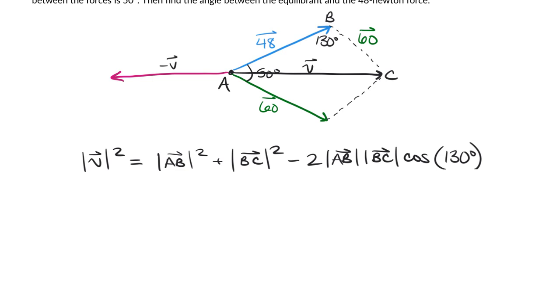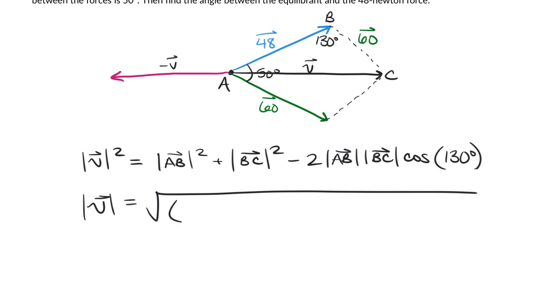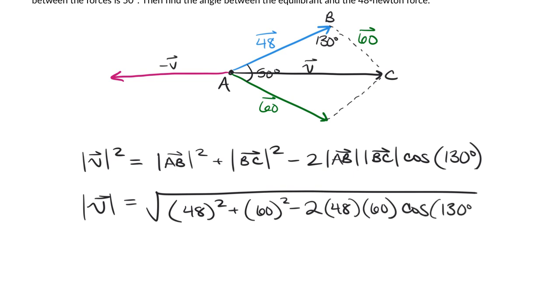Once we have this point, we're just throwing things into this formula. The magnitude of V, which would be the same as the magnitude of the resultant, will be the square root of the magnitude of AB, which is 48, squared, plus the magnitude of BC, which is 60, squared, minus 2 times the magnitude of AB times the magnitude of BC times the cosine of 130 degrees.